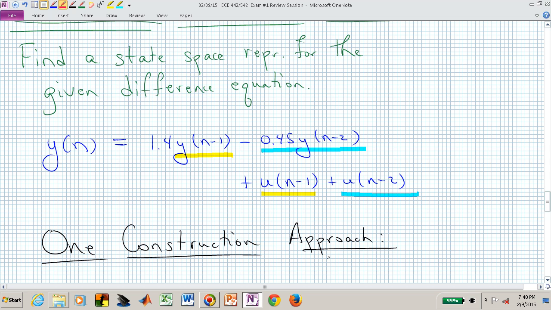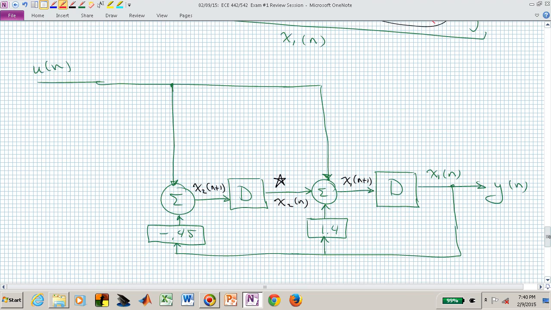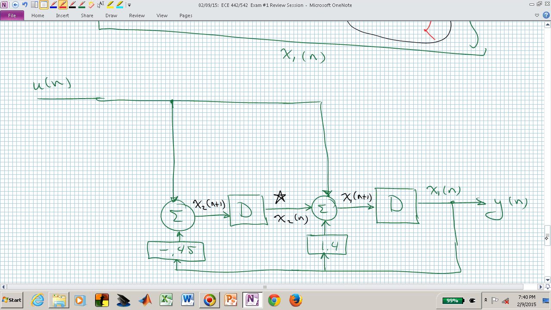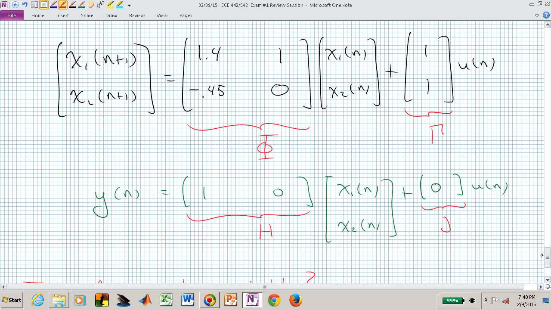You could have z-transformed that and found the transfer function and looked at the poles of that transfer function to determine stability. Maybe I had you get a state space representation. Now you have a block diagram. You could answer that question if it's stable. You've labeled the outputs of the delay block. You've now come up with a state space representation. You could determine stability of this.